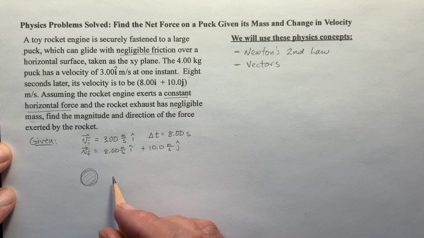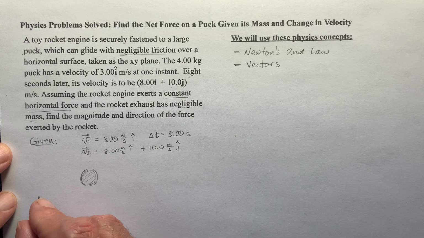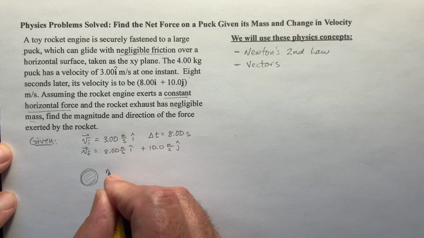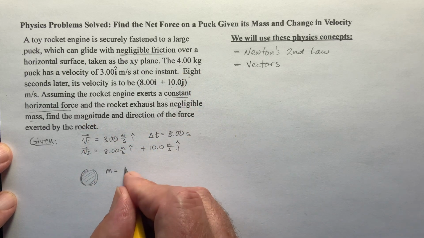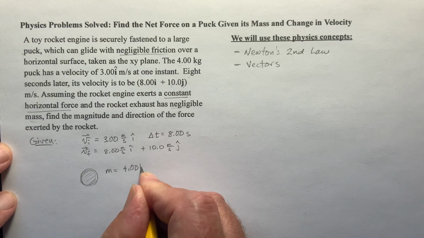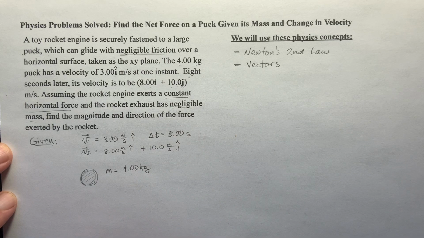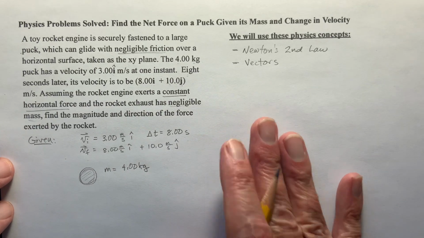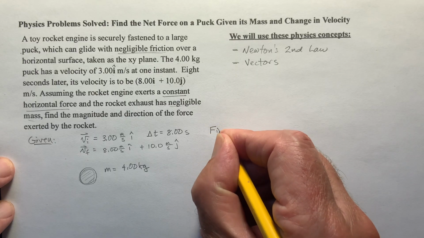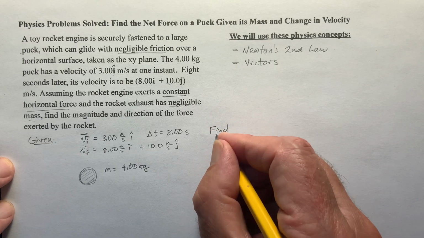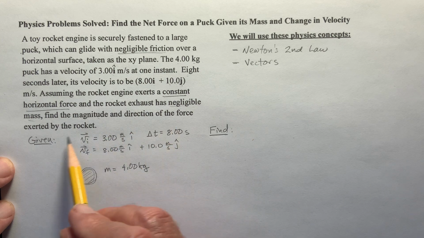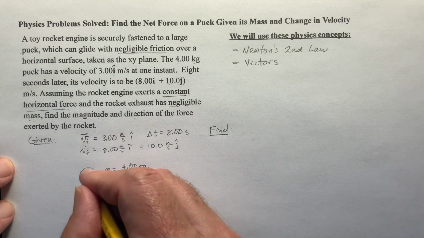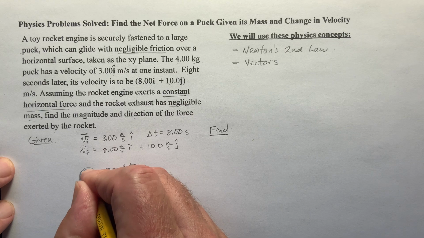Okay, and what are we trying to find? Oh, we know the mass. What was the mass again? 4 kilograms. So what are we trying to find? We're trying to find the magnitude and direction of the force applied by the rocket. So we've got some kind of toy rocket on here.